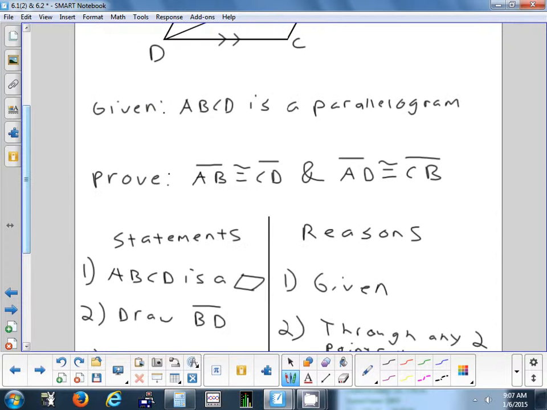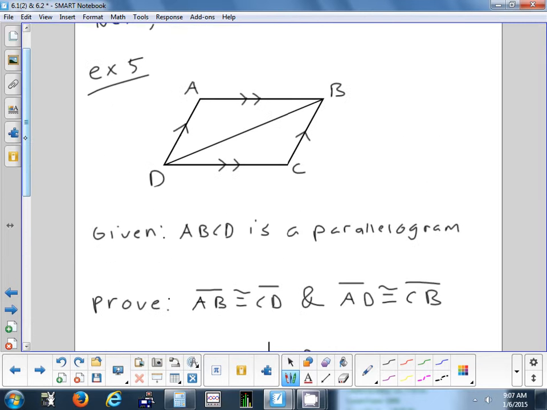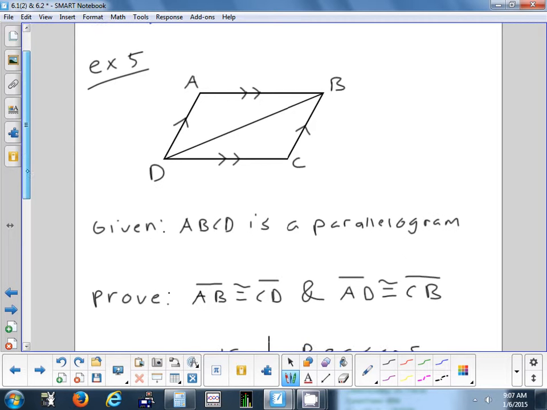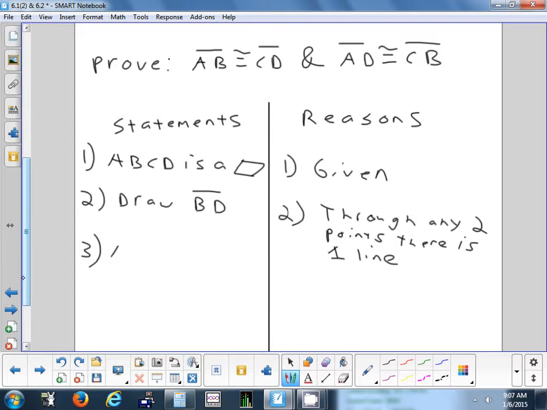Step 3. Because this shape is a parallelogram, now we can go into what that means. That means you have parallel sides. So you can't talk about parallel lines and transversals till you say that the lines are parallel. You've told me it's a parallelogram, but you haven't said AB and DC or CD are parallel. So let's say that.